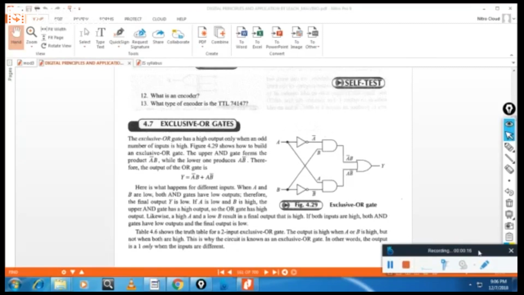So before we study parity generator and parity checker, let's have an idea about the exclusive OR gate. So we know the exclusive OR gate is a circuit which gives output equal to high when an odd number of inputs are high, and output equal to 0 when an even number of inputs are high.